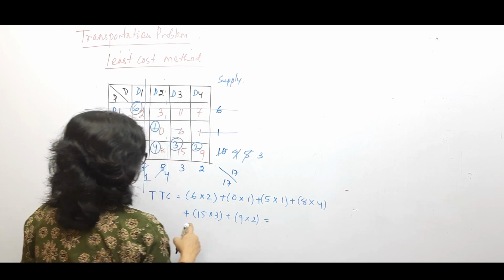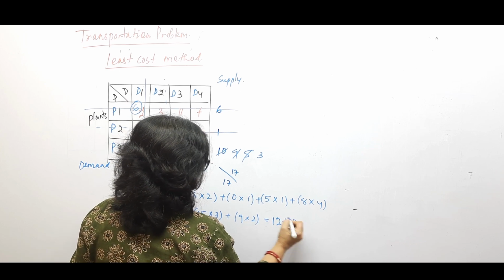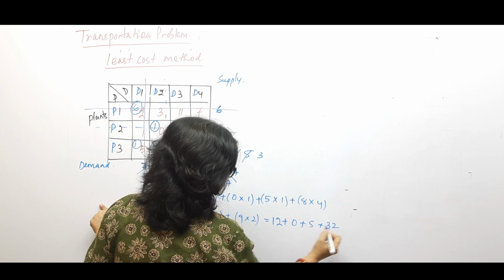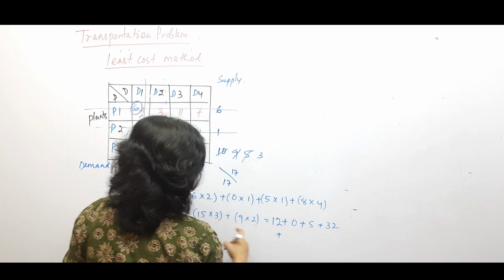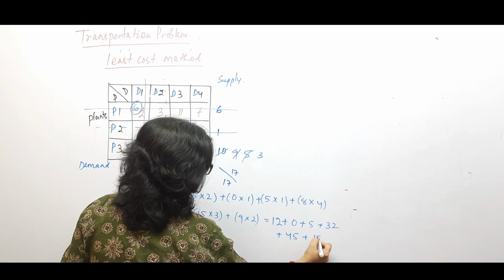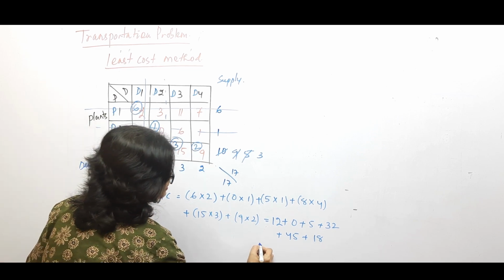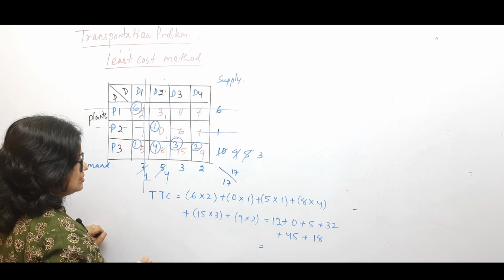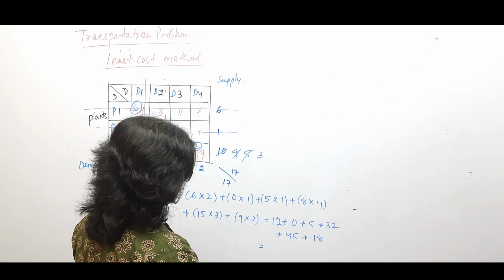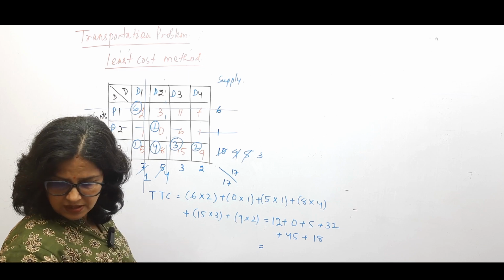So this is equal to 6 into 2, 12, plus 0 into 1, 0, plus 5 plus 32 plus 45 plus 18. So the total cost becomes 17 plus 45 plus 18 plus 32.